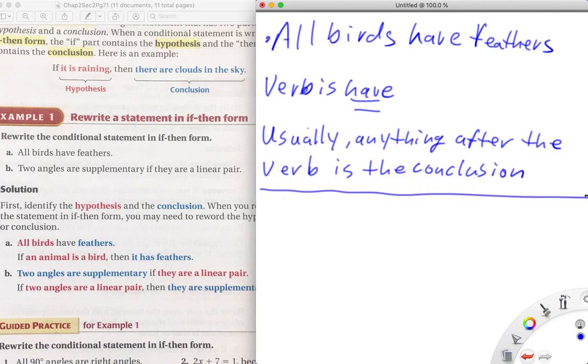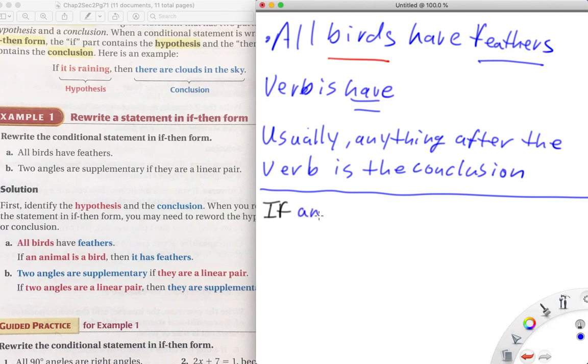So in this case, birds would be our hypothesis, and then feathers would be our conclusion, or it has feathers. So when we write this in an if-then statement, or conditional statement, it would be: if, and a bird is an animal, right?